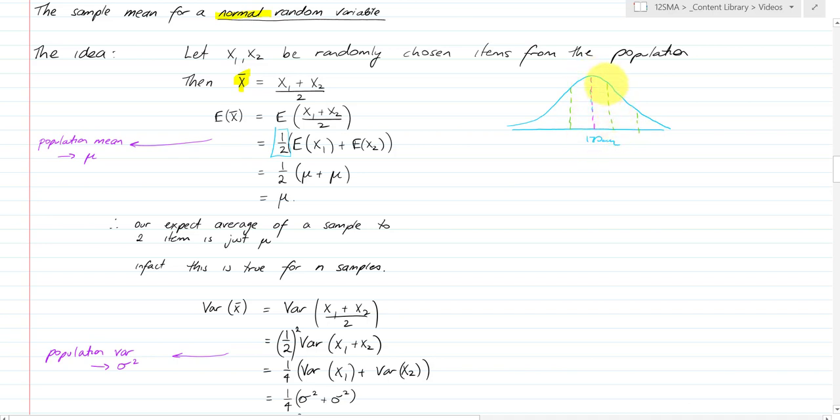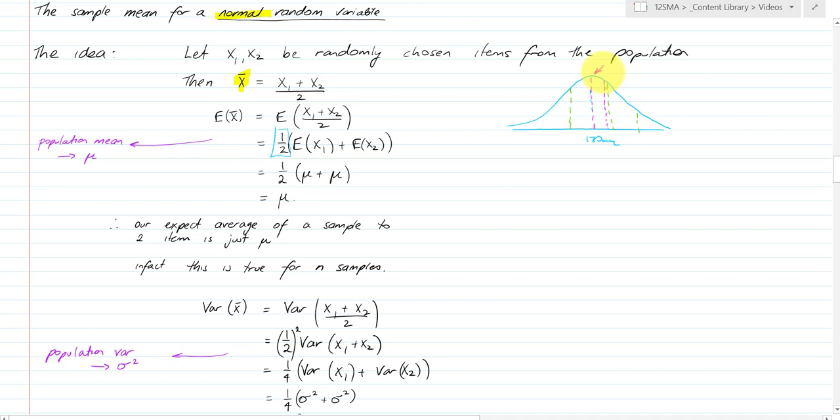My actual value here is probably going to be more like maybe there. Okay, but it's a small sample, it's only 3. If I take a sample of 10, it will probably be more accurate. If I take a sample of 30, it will probably be more accurate. In fact, you can see that as we increase n, the sample size, the likeliness of my sample mean being close to the center improves dramatically.